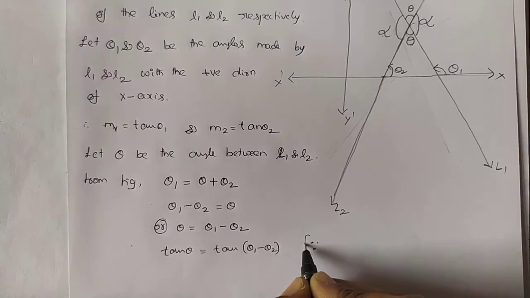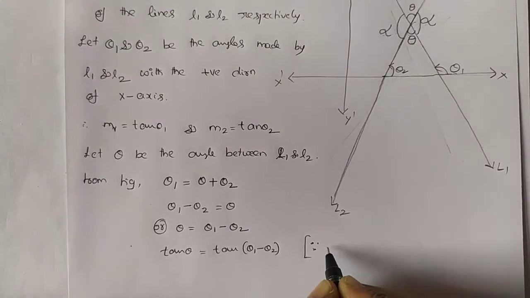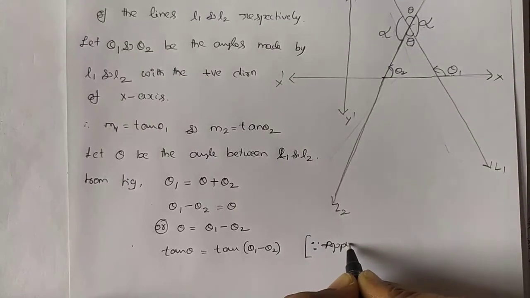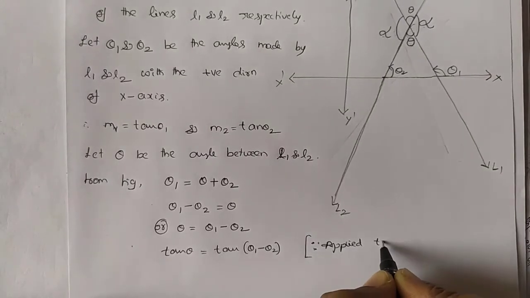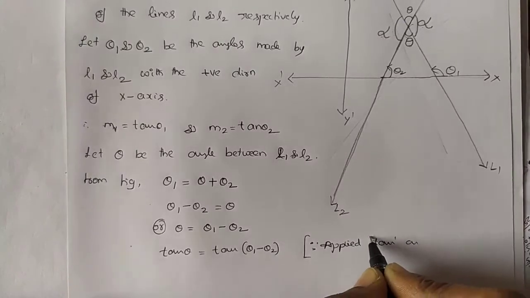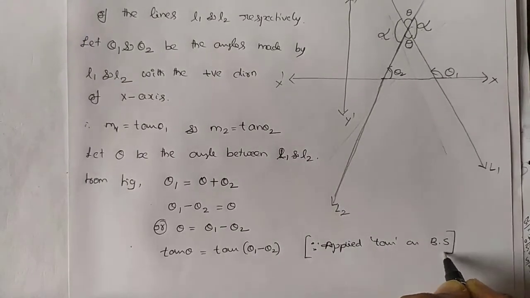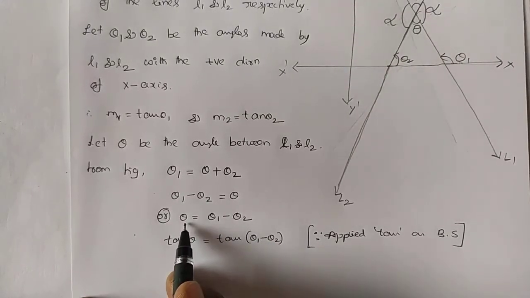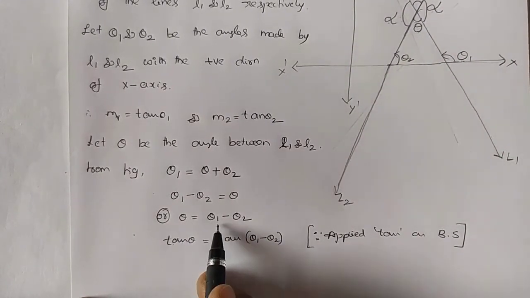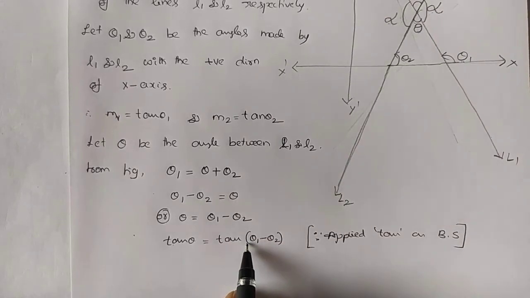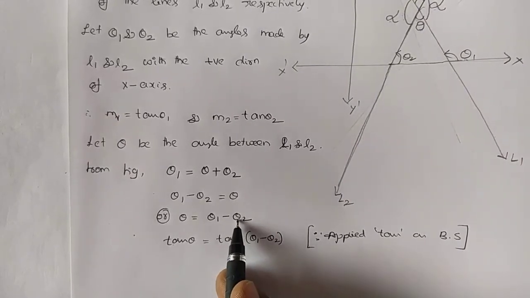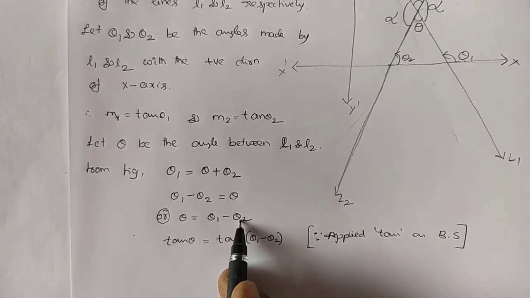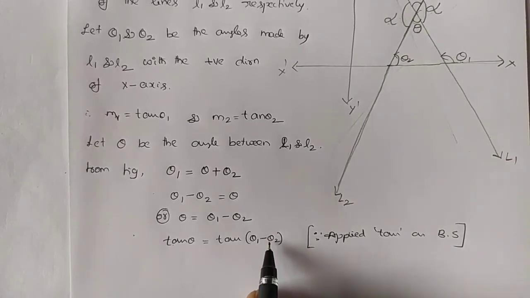Since here we applied tan on both sides, theta equals theta 1 minus theta 2, we get tan theta equals tan of theta 1 minus theta 2. You should not write tan theta 1 minus tan theta 2. We are applying tan for theta 1 minus theta 2, so we have to keep it in brackets.